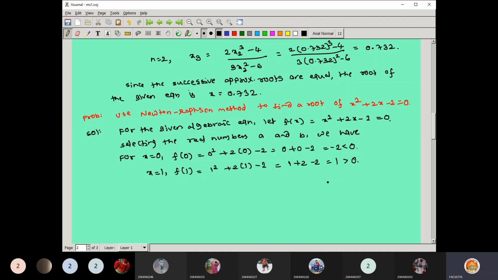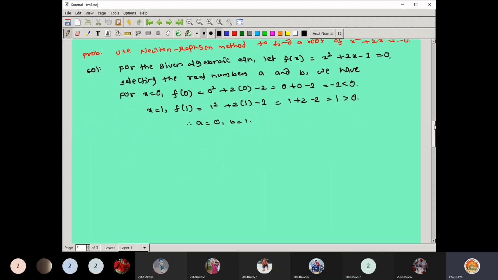So because you are getting opposite signs, you can stop the process. Therefore your a value is 0 and b value is 1. Don't write down your final answer, just the values where you get negative and positive, those values you are writing for a and b.